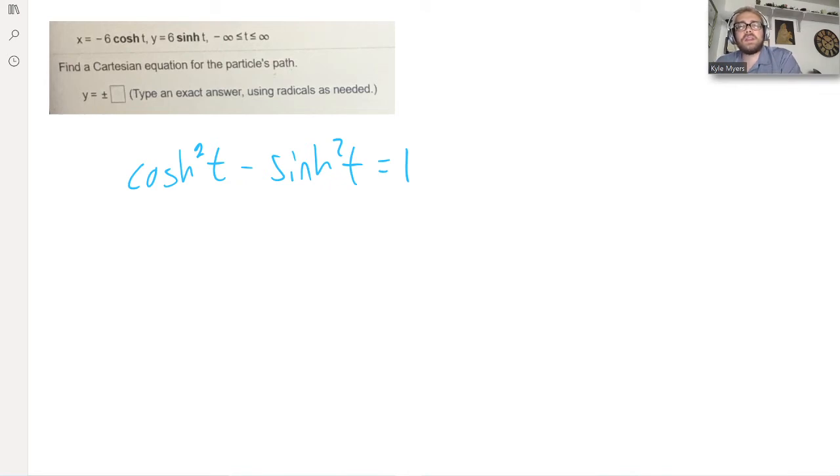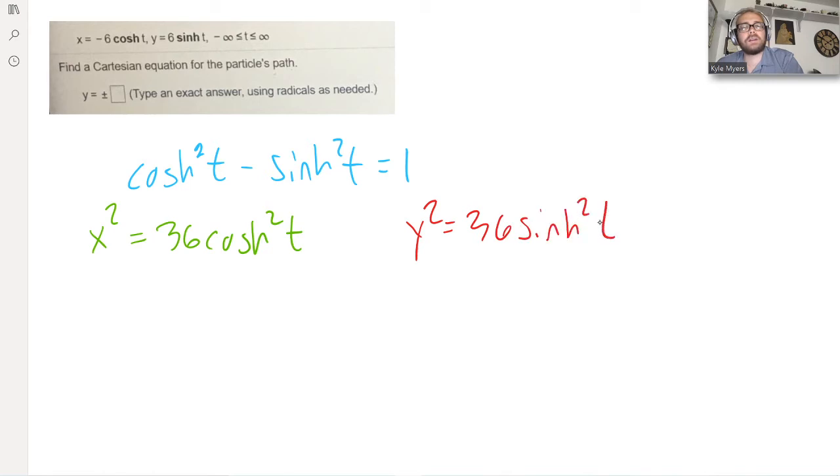So let's square both sides. x squared equals 36, since -6 squared is 36, cosh squared t. And we do the same thing for the other one, so y squared equals 36 sinh squared t. Now we're getting somewhere. If we subtract these two, we should have basically the identity.